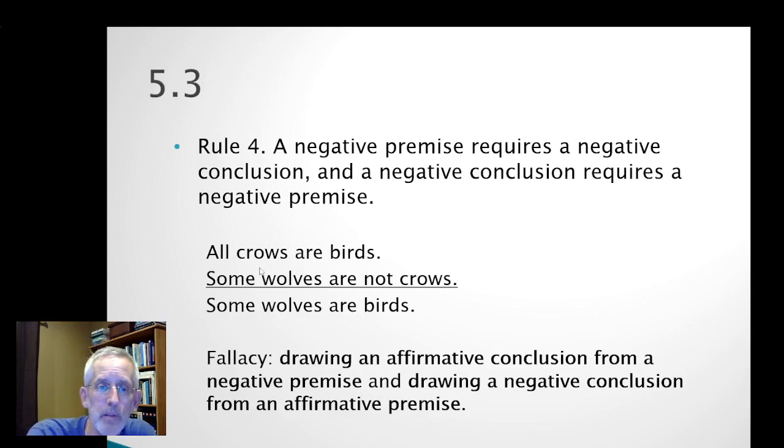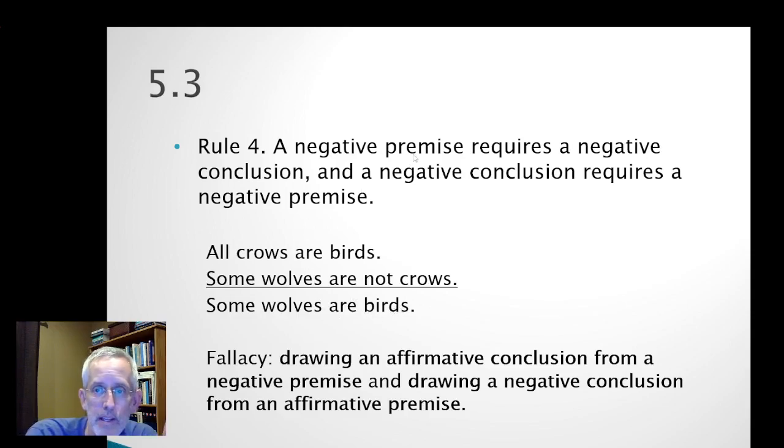So if we look at this argument, all crows are birds, some wolves are not crows, therefore some wolves are birds, we find that we have a negative in the premises. There's a not here, but we don't have a negative down here in the conclusion. There's no negative quality down here in the some wolves are birds proposition.